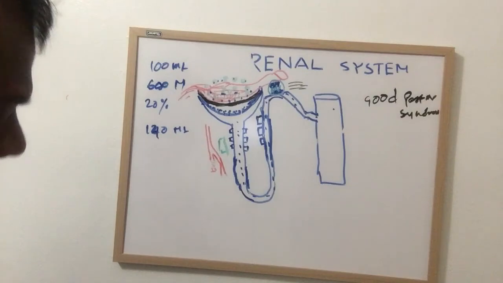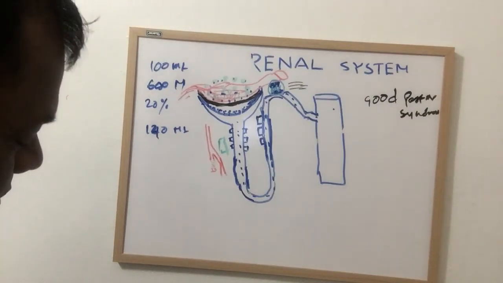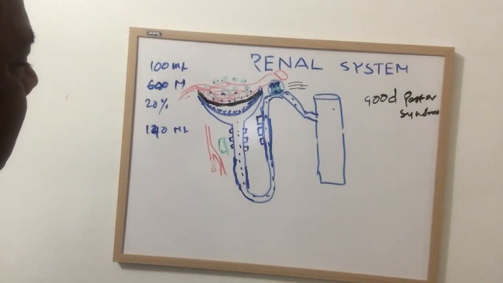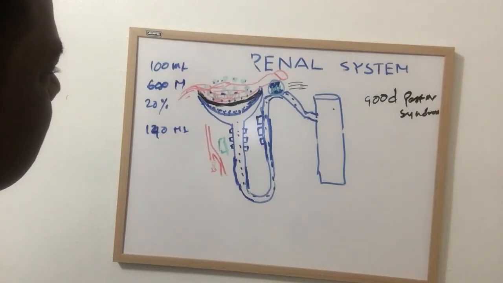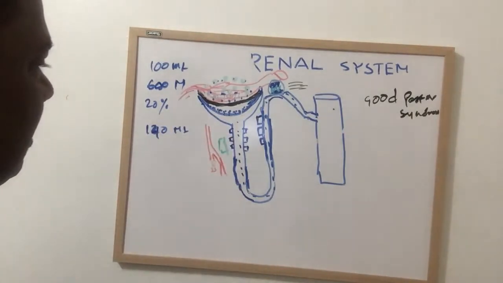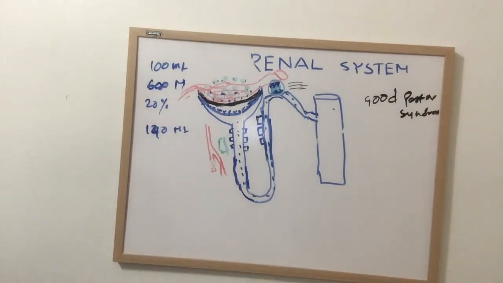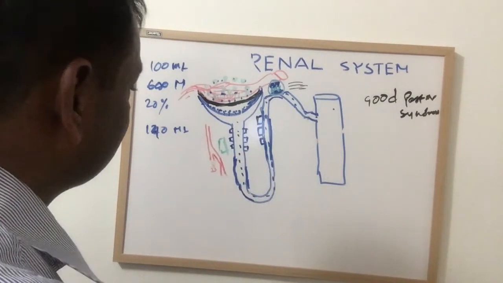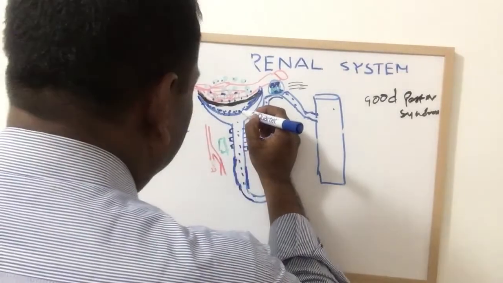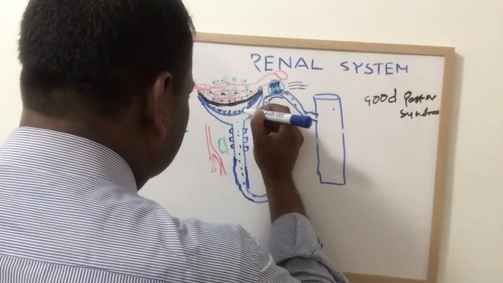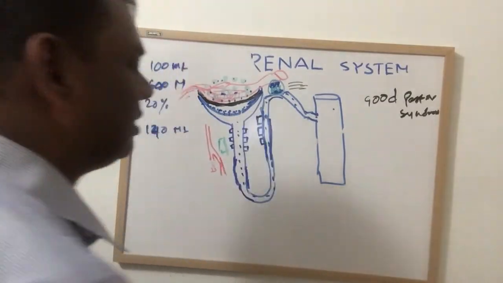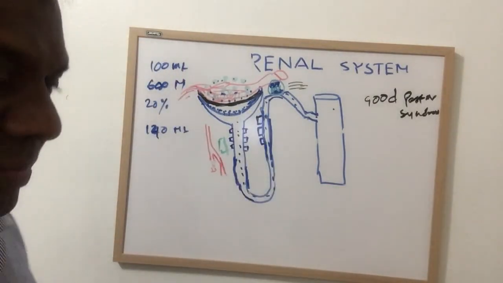Due to some injury, trauma, or some systemic pathology, this area gets injured. Those pores get bigger. Once these pores get bigger, some albumin can enter into it.